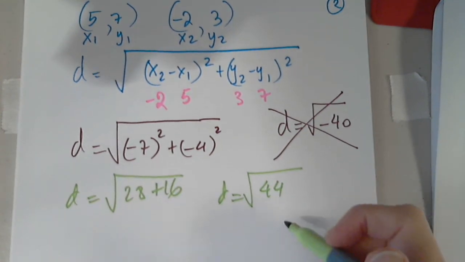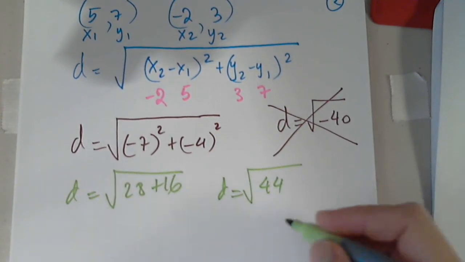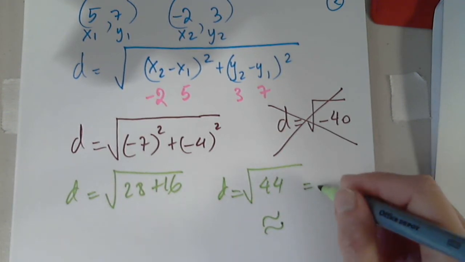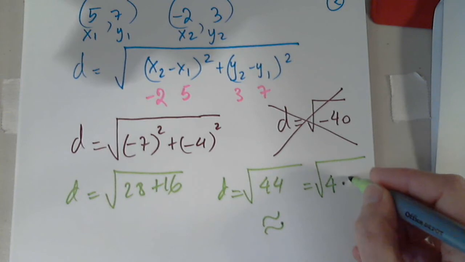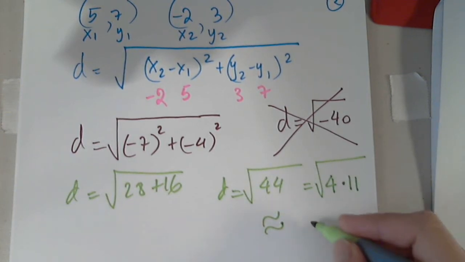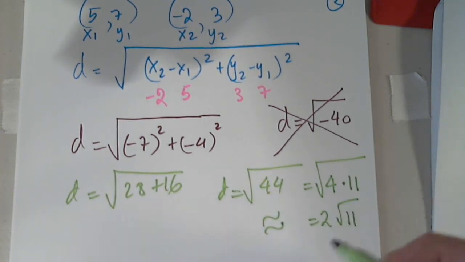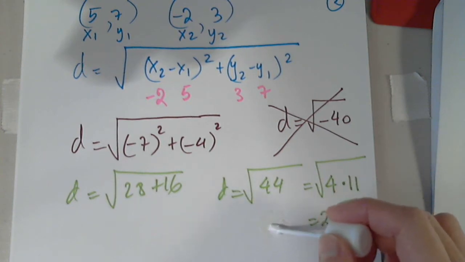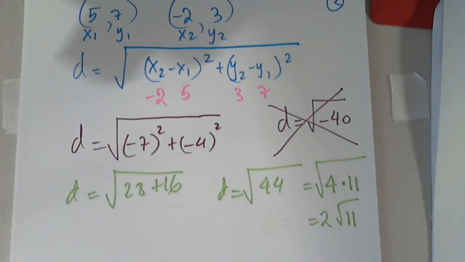I have to simplify it. In some problems I will have to approximate it. In others I will have to simplify it. But this is the same thing as 4 multiplied by 11, or 2 square root of 11. This is the exact. If I am asked to approximate it, fine.